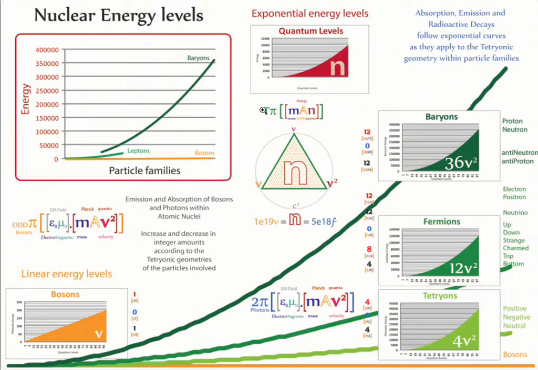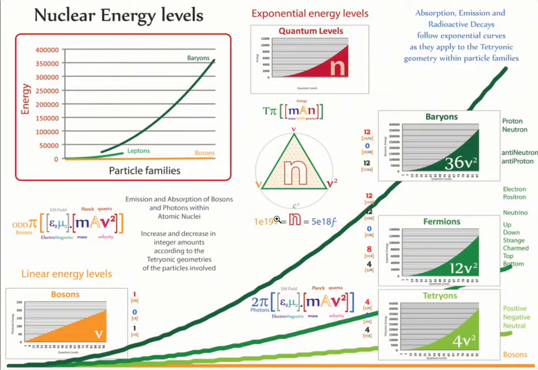The Tetryonic geometries, or matter geometries, standing waves, are not conservative. You can in fact convert matter into energy and energy into matter. You don't have to have one or the other on both sides of the equation of interaction.